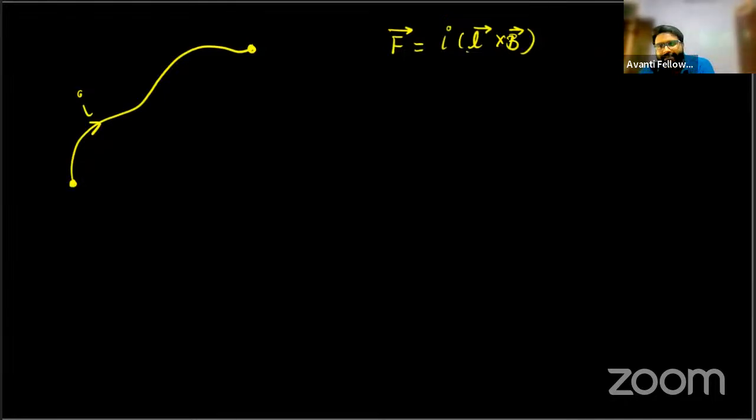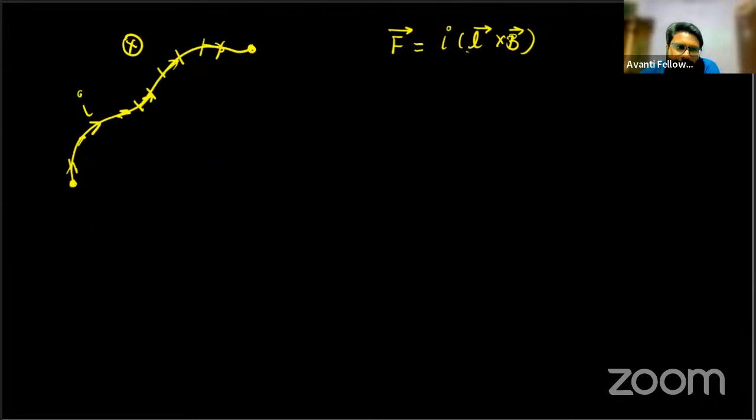Look, the length vector you always have to decide in the direction of current. But here, if you see, the direction of current is like this, and this. But if you see, the magnetic field is inside or outside. Each and every time, if you consider this as length, this is also perpendicular to the magnetic field.